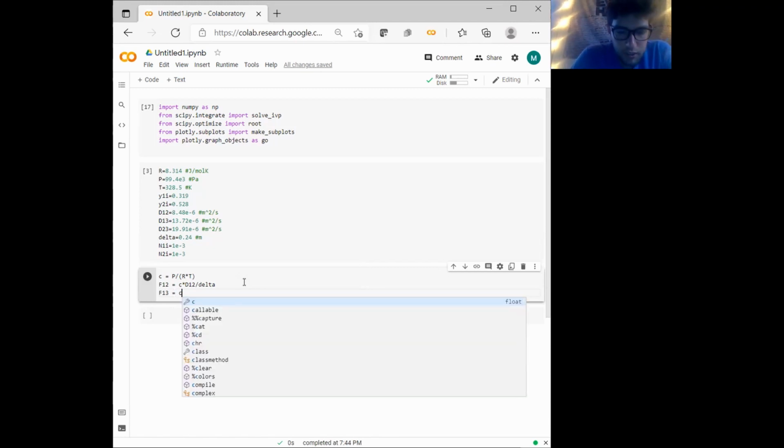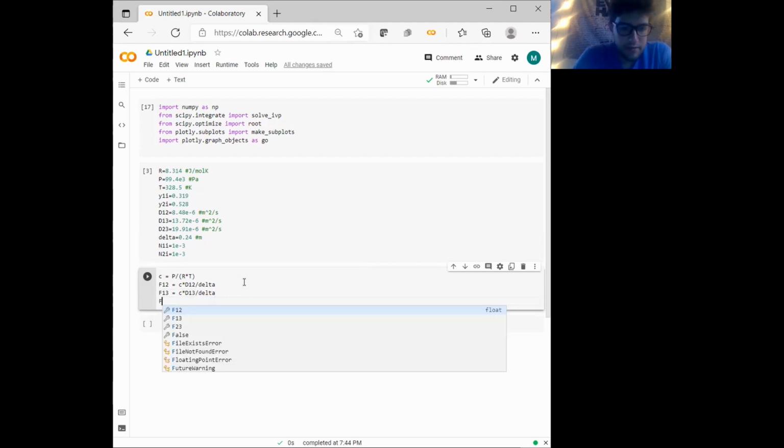So again, we'll just do concentration times D13 divided by delta, and then the final one, F23 equals concentration times the Stefan-Maxwell diffusivity between 2 and 3 divided by delta.